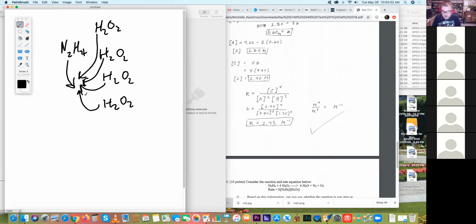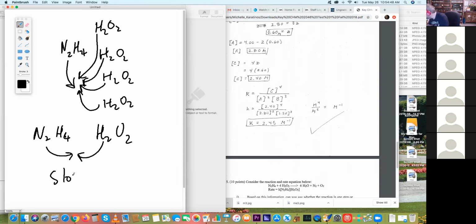The rate equation here is rate = k[N2H4][H2O2], which tells us that the rate is determined by this equation, which means that the slow step consists only of these two molecules hitting each other.